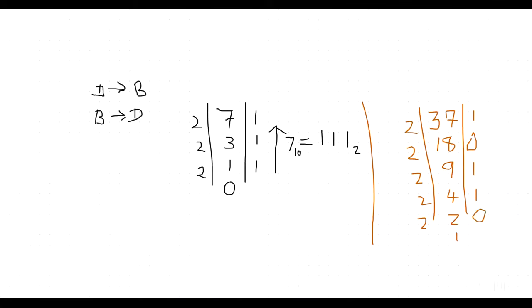And finally, 1 divided by 2, it will not go. So 0, we end when it is 0. Remainder 1. You are picking it from down up.